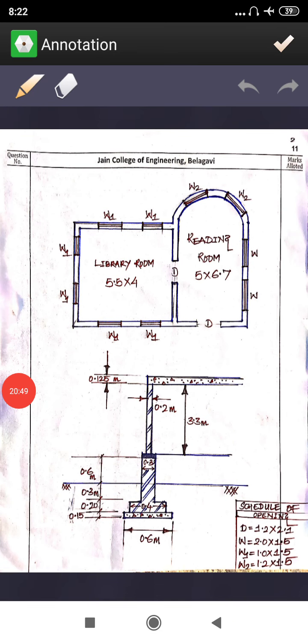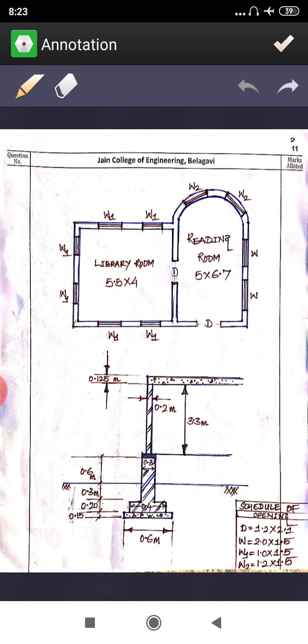During the determination of quantity, we have taken the depth as 3.3 meter, that is here in the cross section. Now we are discussing the deduction. You are supposed to do deduction for doors and windows. Here you will have two numbers of doors with a size of 1.2 into 2.1 meter. Then you will have windows.